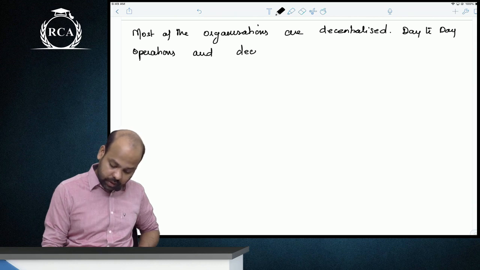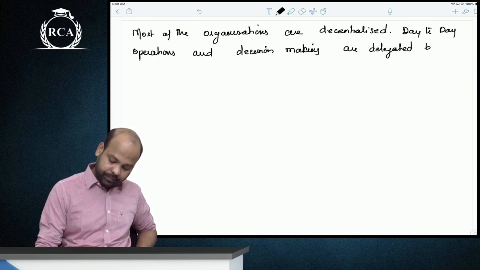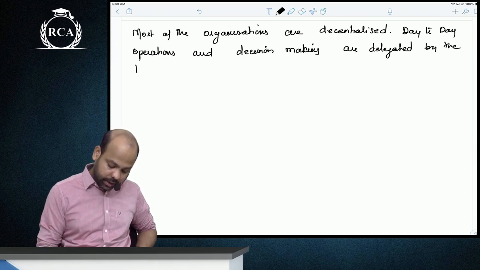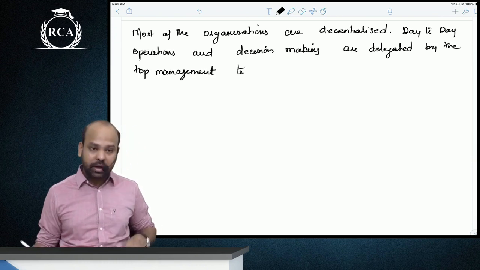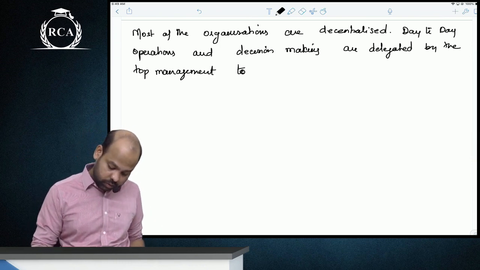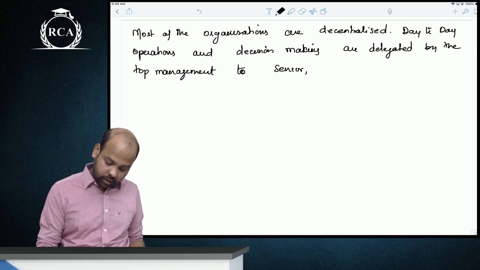Day-to-day operations and decision making are delegated by the top management to senior, middle, and lower level managers.